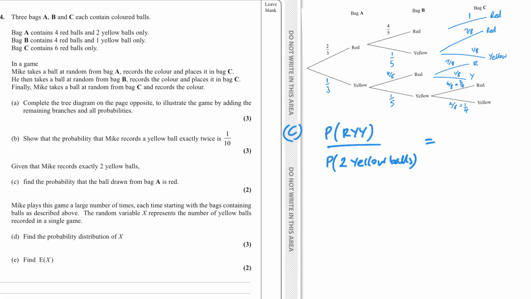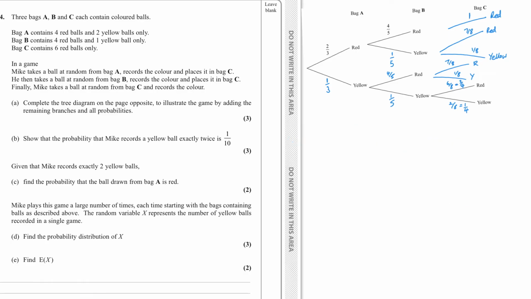And that is the answer to the previous one. So this bottom one is 1/10, and the top one then is red, yellow, yellow. This means the top probability is 1/60. And simplifying will just simply leave me with 1/6. It is very tempting just to do this probability for this question. Just be careful, you know, it is a given that.